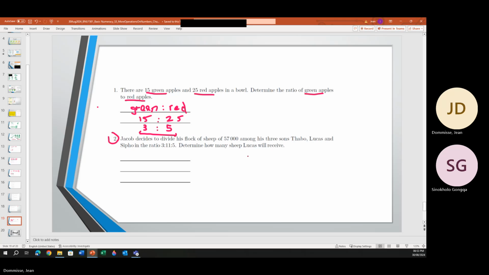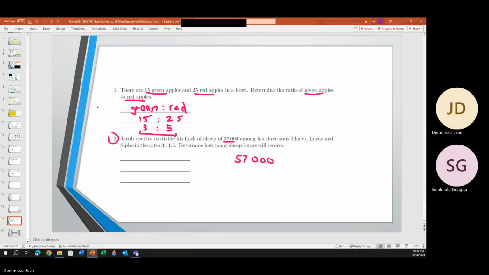So the second question says Jacob's decided to divide his flock of sheep amongst his 3 sons. He has 57,000 sheep that he wants to divide between the 3 sons.